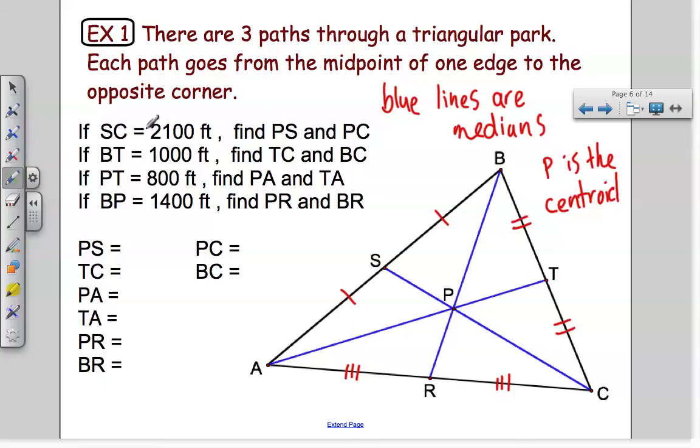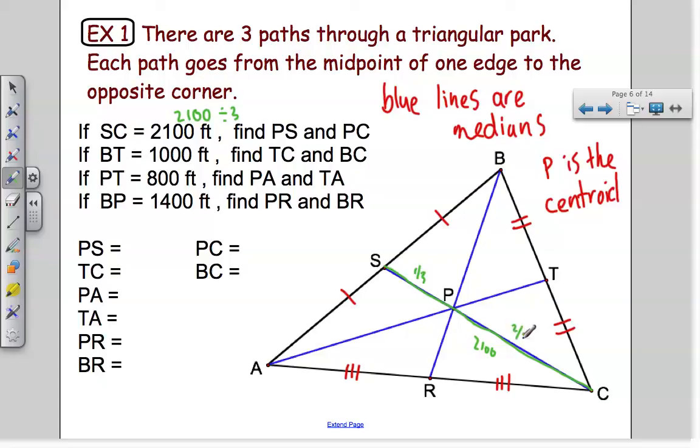I start out knowing that SC is 2,100 feet. Notice that's the entire length here is 2,100. And I know that this portion is 1/3, this portion is 2/3. So the first thing you're actually going to do, since 2,100 is the entire length, you're going to divide it by 3. That'll give you this 1/3 part.